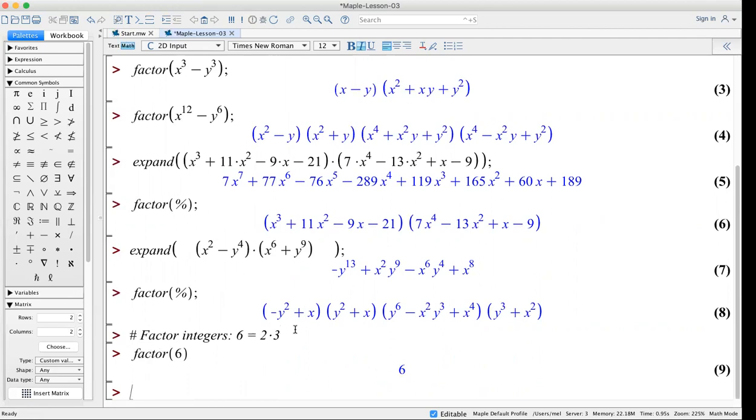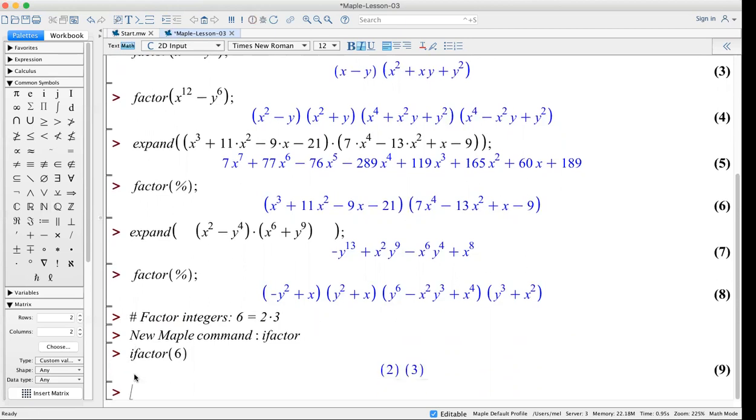There's a separate command for factoring an integer. So here's another new Maple command. It is ifactor. The i stands for integer. So if I say ifactor 6, those are the factors.